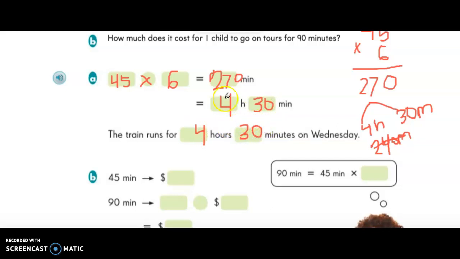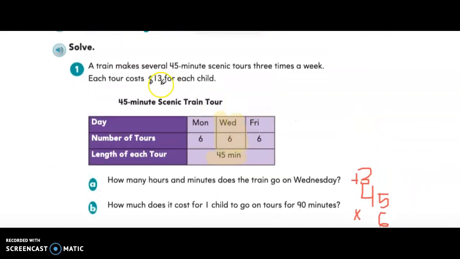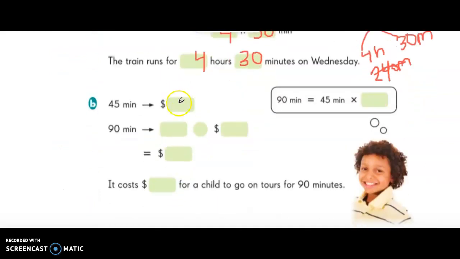Now, part B is asking us, how much does it cost for one child to go on tours for 90 minutes? So we know for a 45-minute tour, it costs $13. Now we need to think, what times 45 gives us 90?